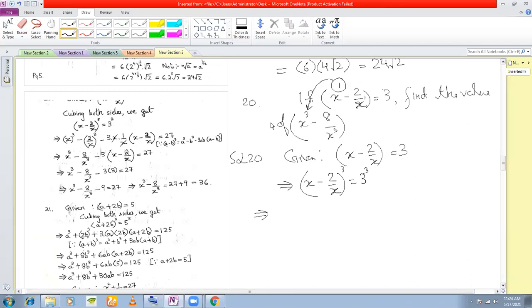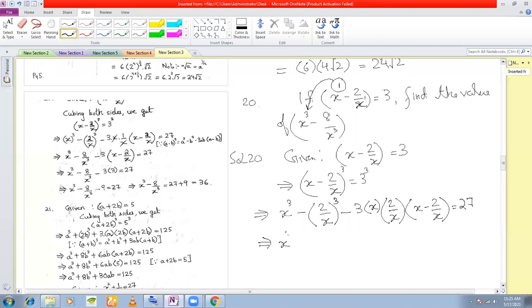That means a cube minus b cube minus thrice a b into a minus b is equal to 27.